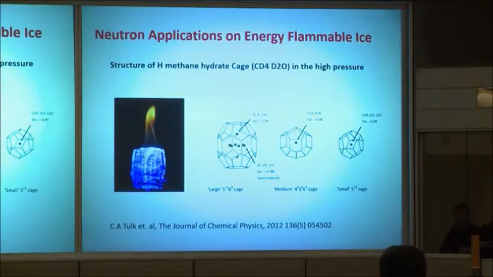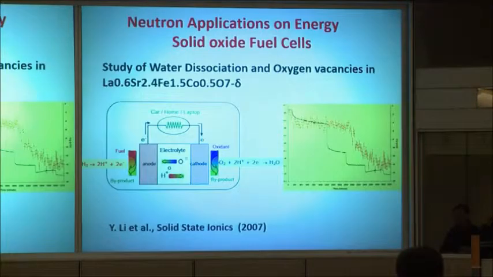Only neutrons can penetrate. Also, this kind of material is made of carbon and hydrogen, and neutron scattering is sensitive to carbon and hydrogen. So I think this is also a very important work for flammable ice.